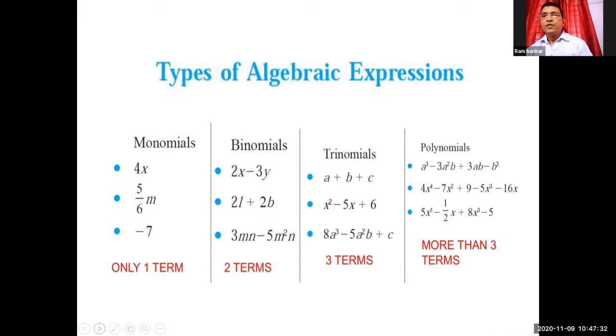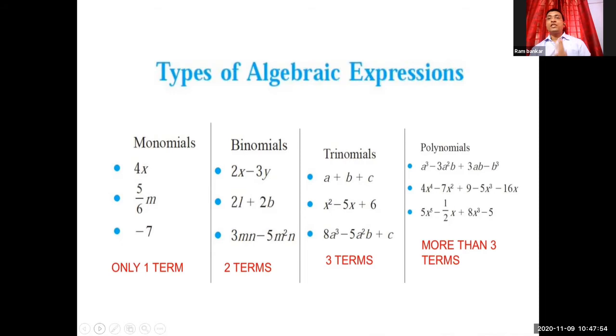How many? 1, 2, 3, 4. 4 terms are given. So it is polynomial. Okay. It means you will understand by this slide. Monomial has only one term, binomial has two terms, trinomial has three terms, and polynomial has more than three terms. Okay, these are the 4 types of algebraic expression.